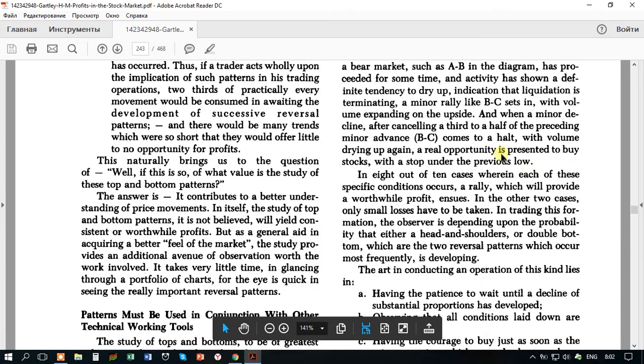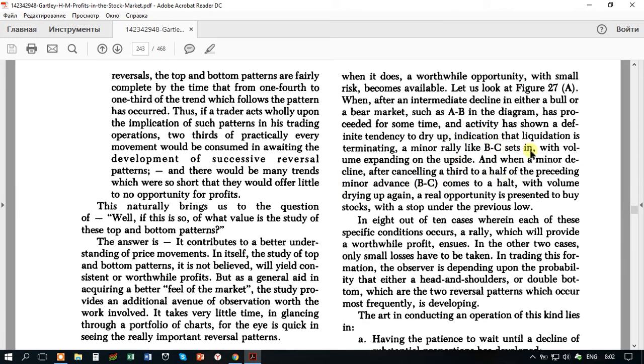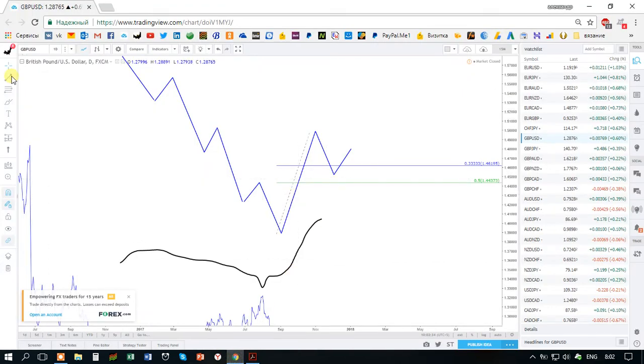Let's continue. Preceding minor advance BC with volume expanding on the upside, and when a minor decline cancels a third to a half of the preceding minor advance of BC and comes to a halt, with volume drying up again, a real opportunity is presented to buy stocks with a stop under the previous low. Let's go here.